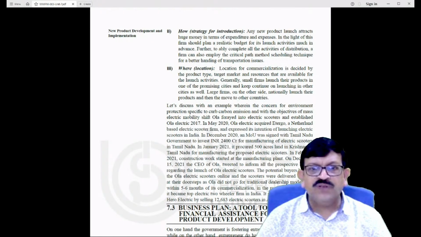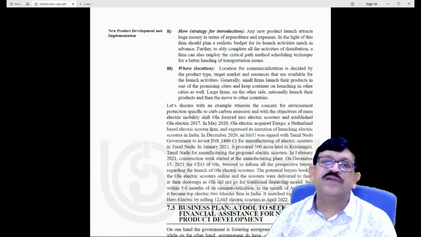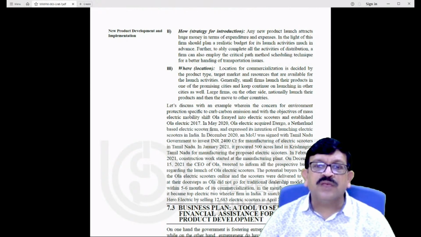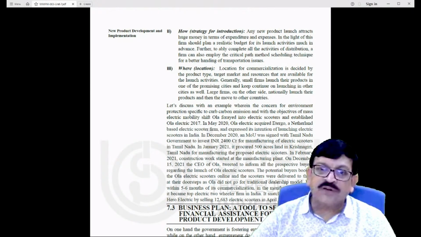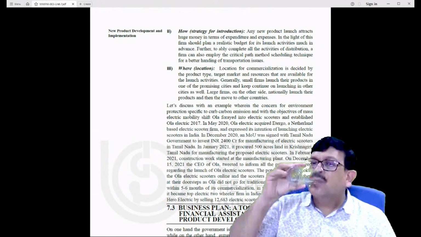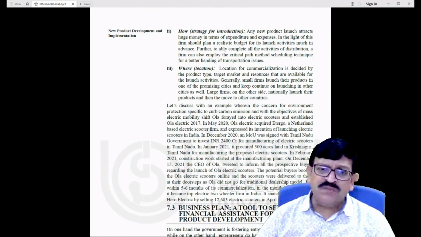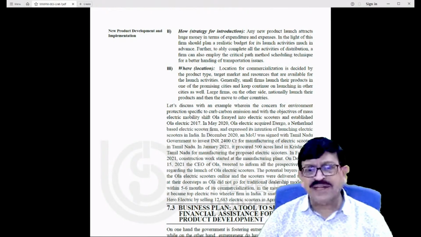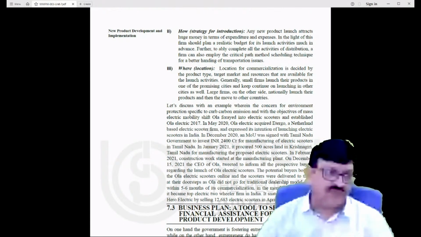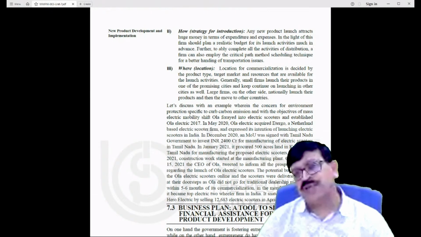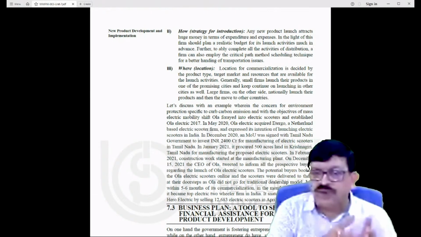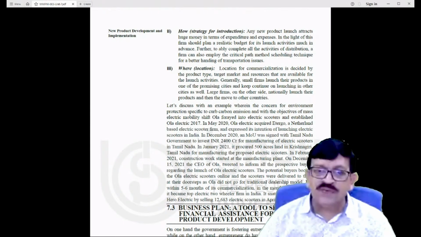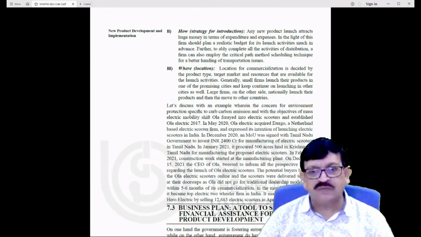And obviously, if we talk about the current example highlighted here, Ola, who have entered into electric scooters. This is to some extent also helped by the fact that the government has created an avenue for electric vehicles today. So most companies, whether you are specialized or not, whether you have the technical know-how or not, are running into this space of creating more EVs in the marketplace, whether two-wheeler or four-wheeler.